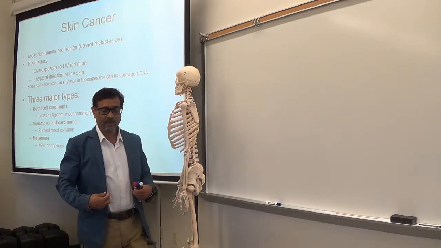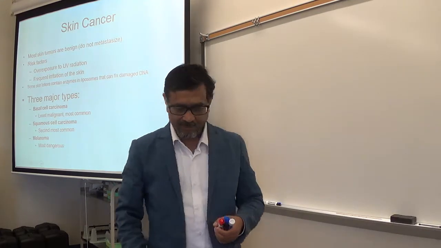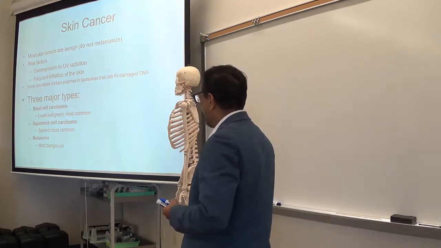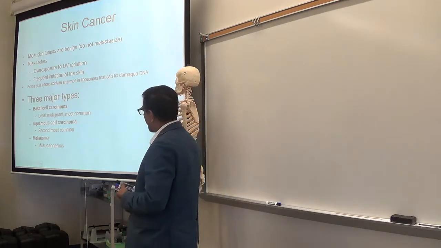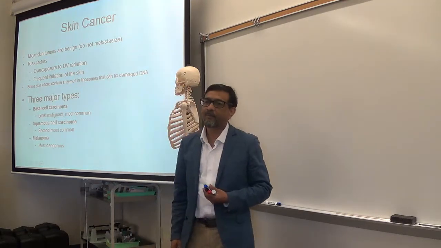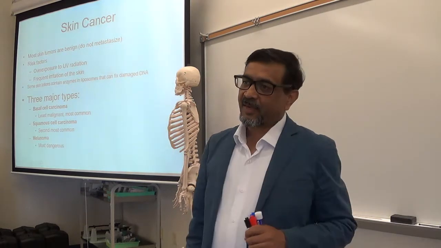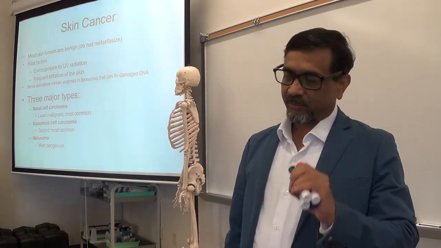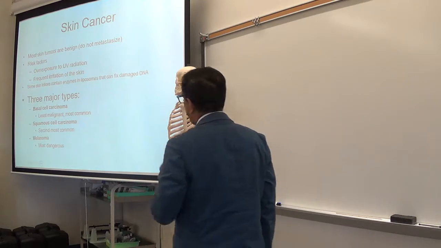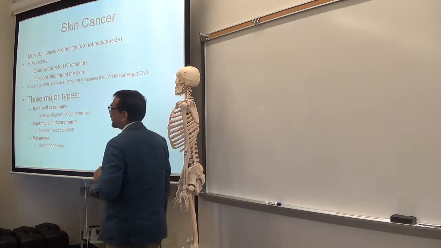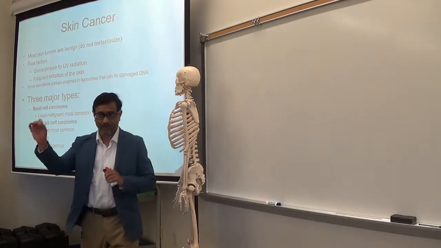Major types of skin cancer or carcinoma: basal cell carcinoma, squamous cell carcinoma, and melanoma. Basal cell carcinoma is the most common, and least malignant. That means it is good news, right?